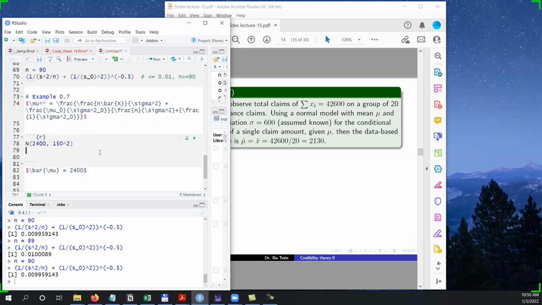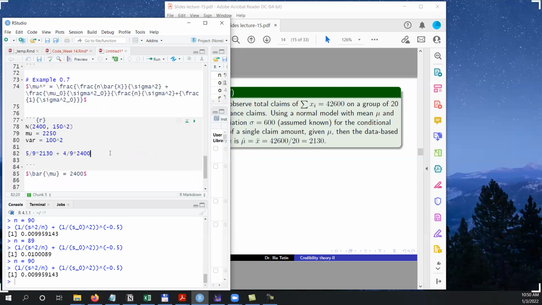Then using this formula, mu will be 2250. And what else? The variance. The variance will be 100 squared. So the Bayesian estimate will be like 5 over 9 times 130 plus 4 over 9 times 2400. So the weight attached to Z is 5 over 9.